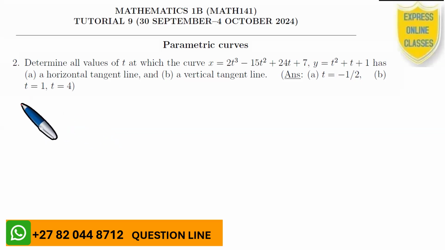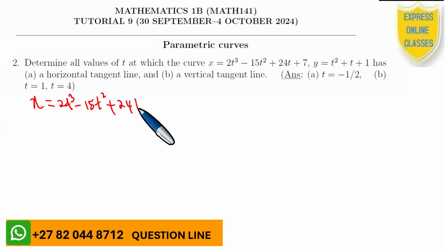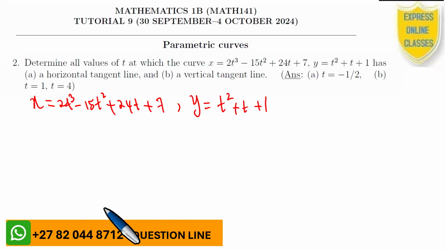So we actually look at number 2, so you have x is 2t cubed minus 15t squared plus 24t plus 7, and y is t squared plus t plus 1.